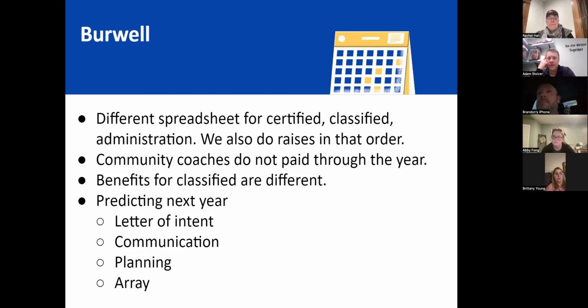And we've talked about it numerous times, but just knowing your array. You have to stay within a certain percentage of your array. There's pretty much always a bottom and a top line of where you're going to fall on teacher raises and everything. And just using that array, you go from there and help plan and do everything from there.